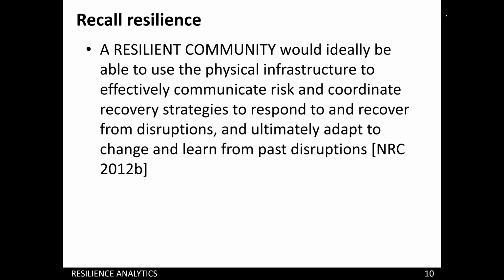Okay, so the idea here is that a resilient community might have some intrinsic characteristics of the community itself that might make it resilient to disruptions, but it also needs the set of physical infrastructure networks to be able to effectively communicate, for example, before, during, and after some kind of disruption. Needs some ability to have experienced and can learn from past disruptions and so on.